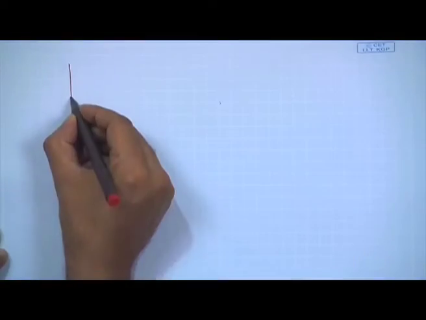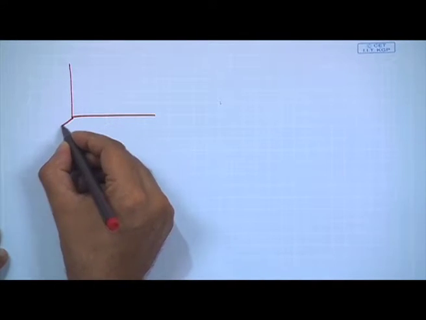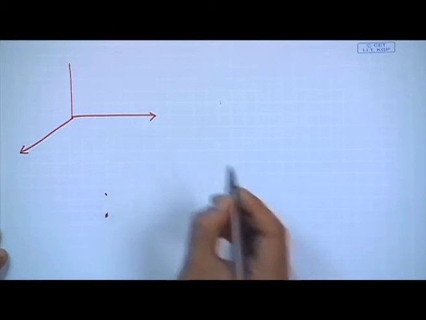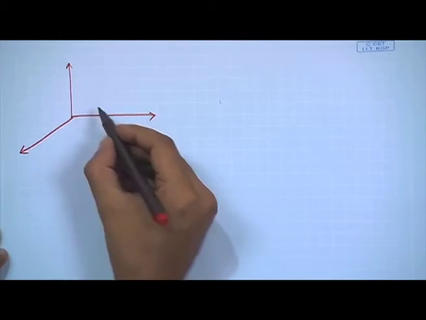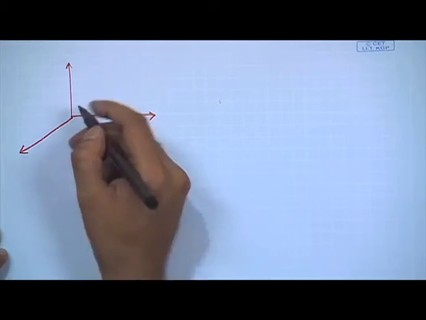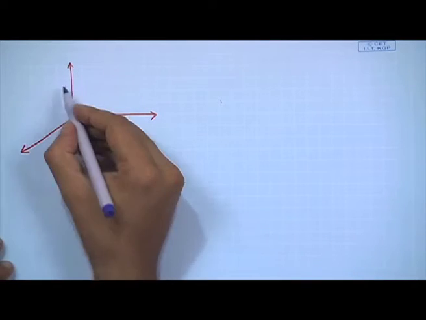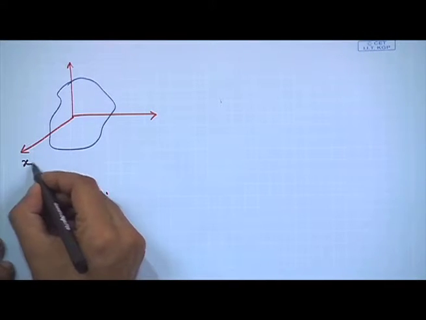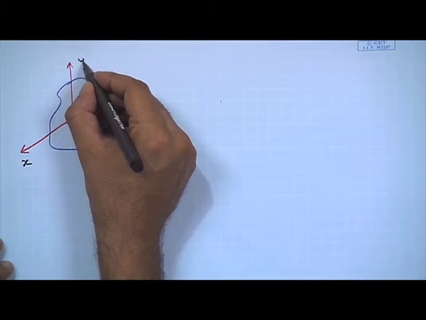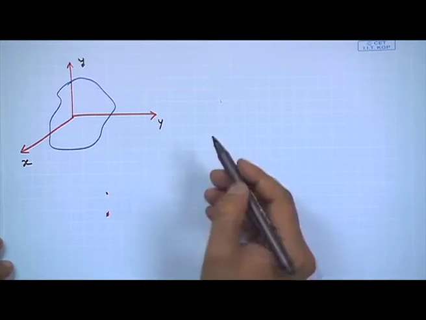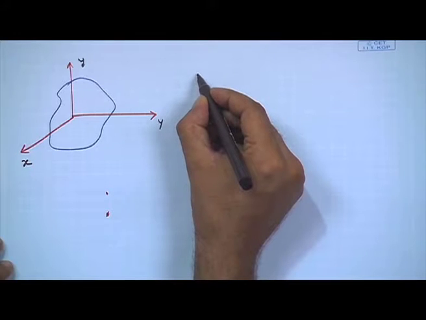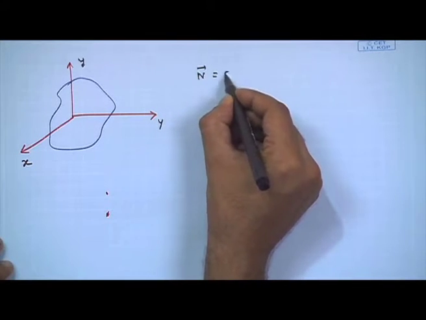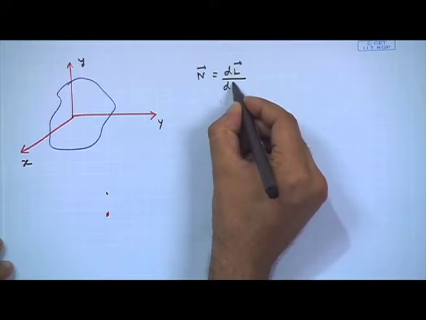So far, we have examined the rigid body with respect to the space frame, as in all the dynamics. Let us say this is the rigid body in question. We have written equations of the form n equal to dL/dt.